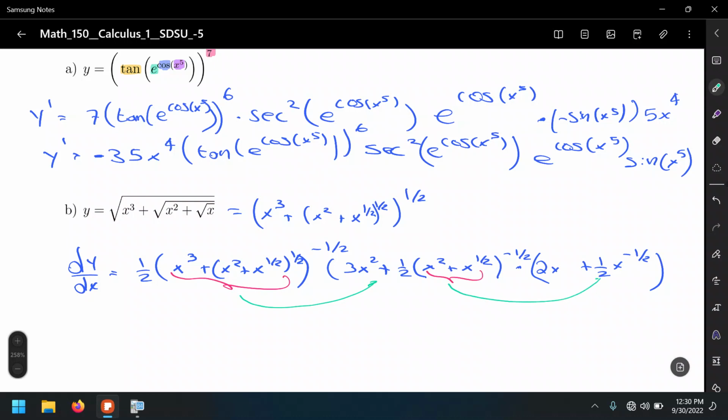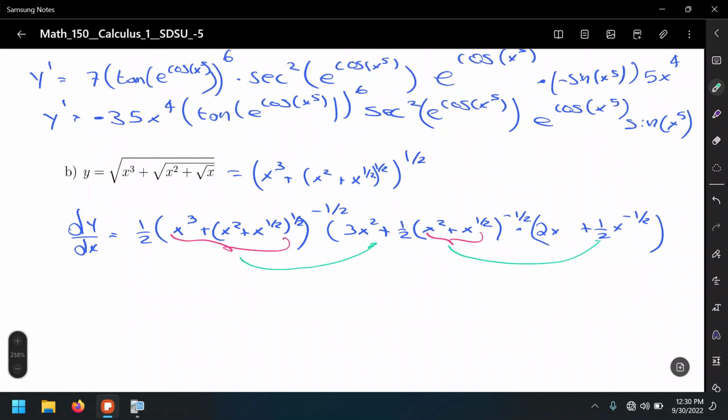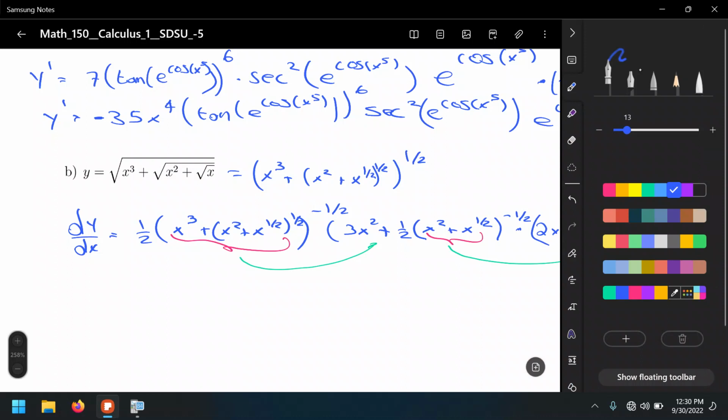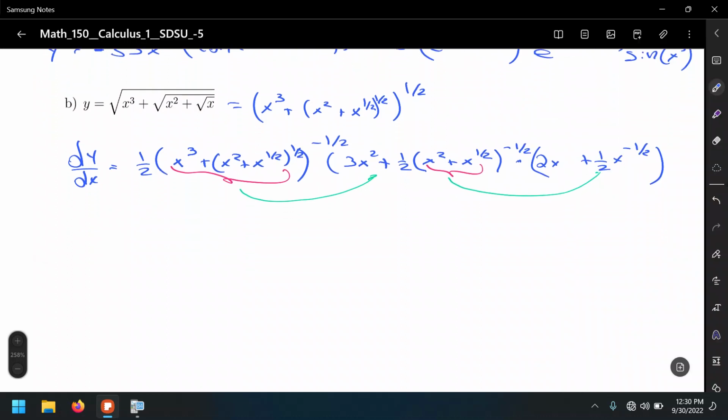Alright, so let's go ahead and simplify this madness. I mean, there's nothing to simplify other than just writing the negative exponents as positive exponents, and then those rational exponents to make them look like radicals again. Alright? So let's see.